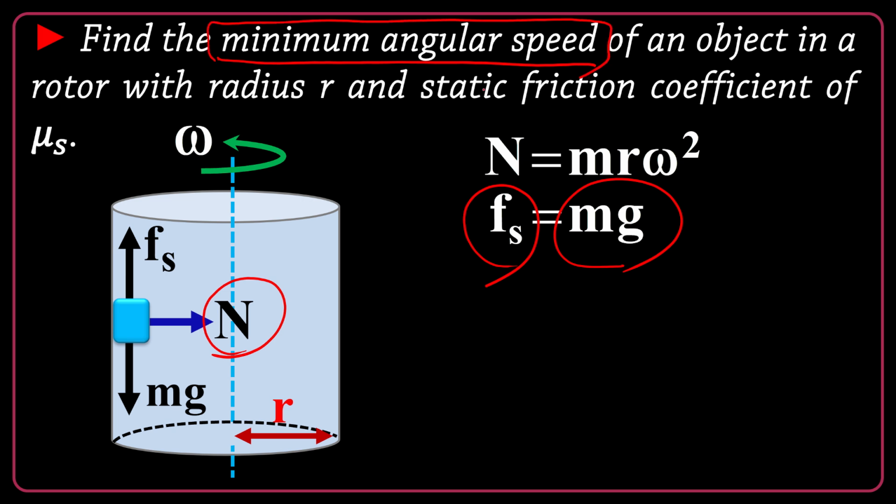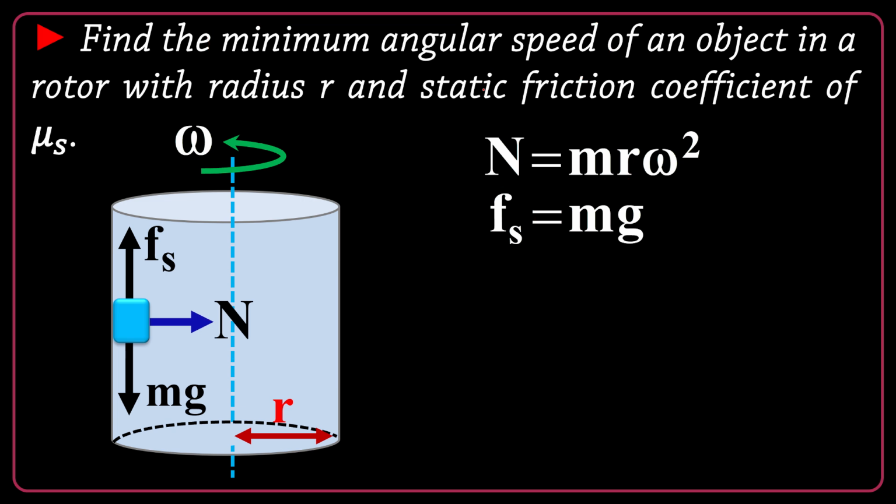So when I say minimum normal force, I'm confirming that Fs is at the threshold of motion. At the threshold of motion, we are allowed to use mu s times normal force. So when I use this one, I'm confirming the instability of the case. Less than that, the normal force is not enough, and mu s times n will not cancel mg. What happens next? The object will fall. Hopefully it won't in an amusement park.